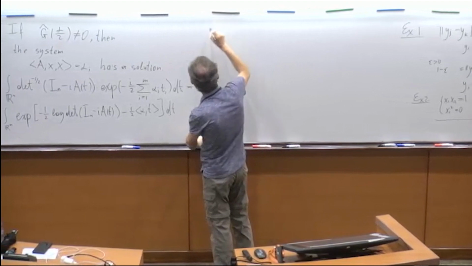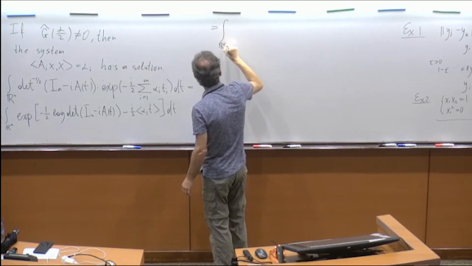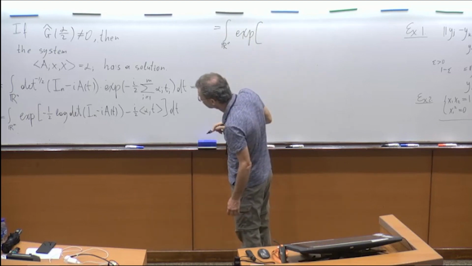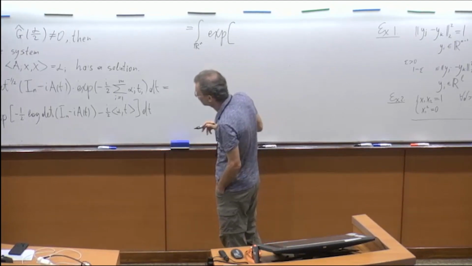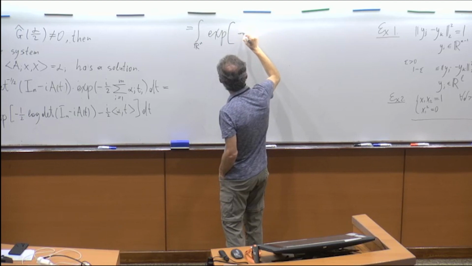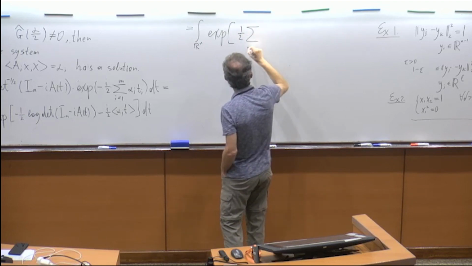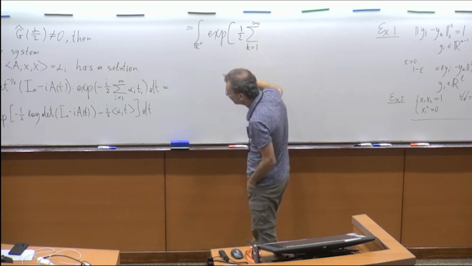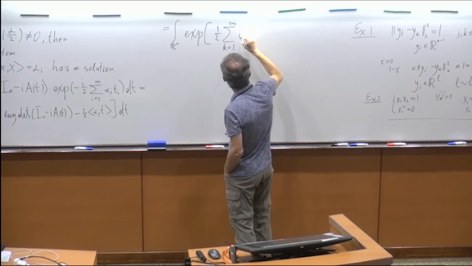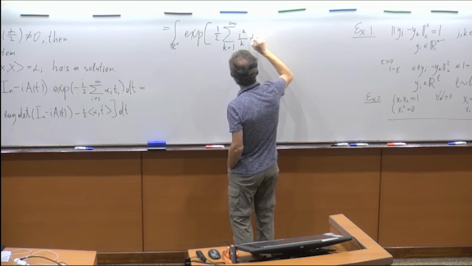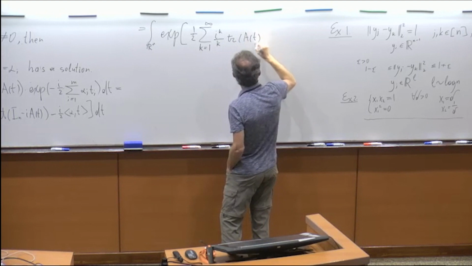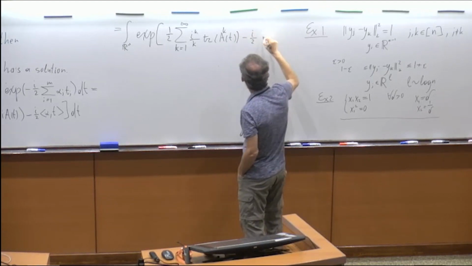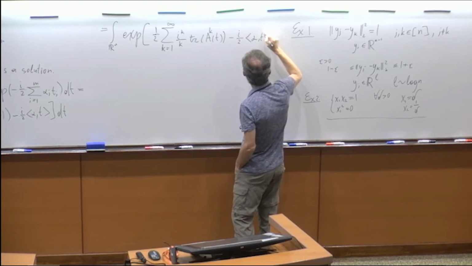Okay, so what is this? I take the integral over Rn of the exponential, and then I recall calculus 1 and decompose the log into a Taylor series, and it is negative 1/2 summation k from 1 to infinity of i to the k over k trace A of t to the power k, and then minus i over 2 alpha t, dt.